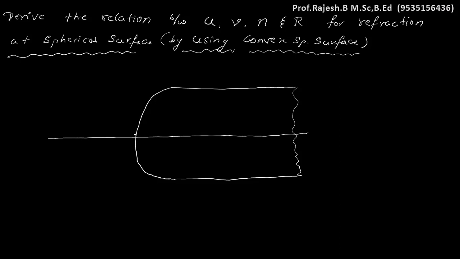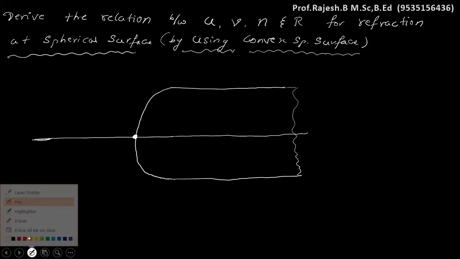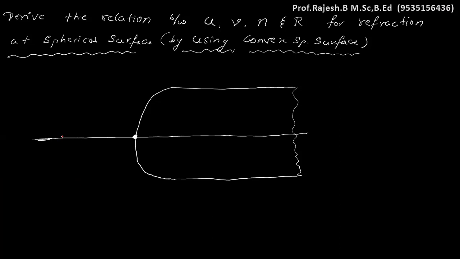So I can mark this as the pole here, and I'll place the object here. So this is the object, and from the object, light will fall on the surface.